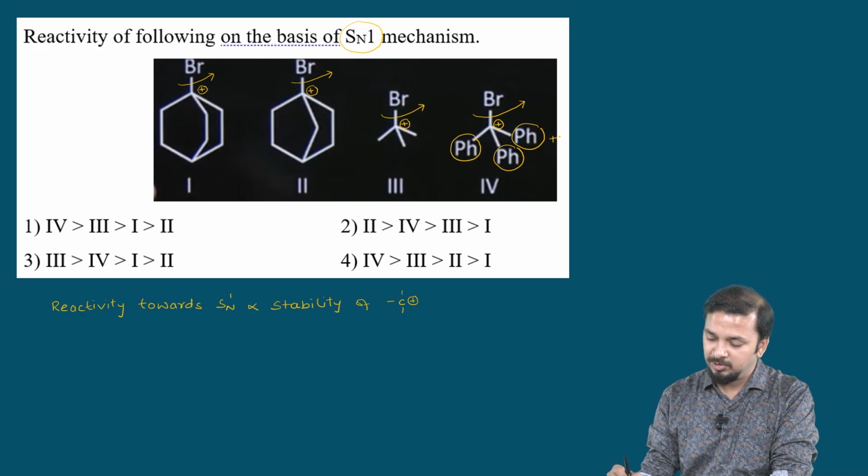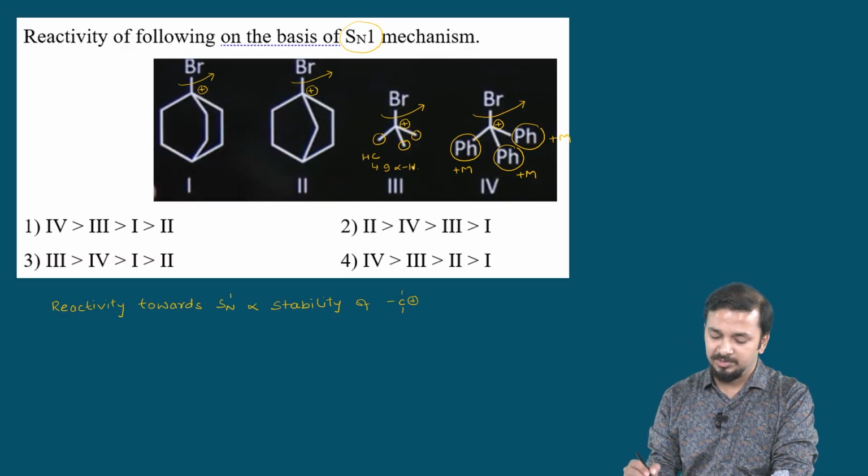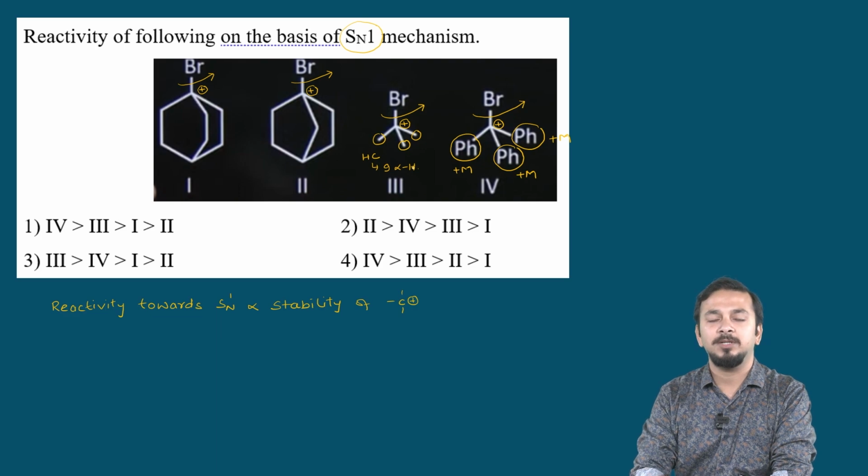While in case of 3, the positive charge is stabilized by hyperconjugation of these methyl groups, in which there are a total of 9 alpha hydrogens. So between 3 and 4, resonance dominates over hyperconjugation. That's why 4 has to be more stable than 3. If 4 is more stable than 3, then we have eliminated option number 3.